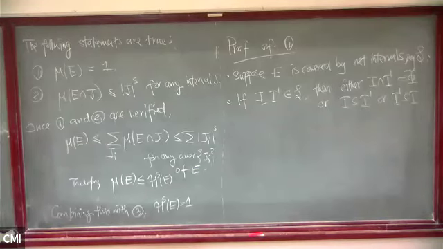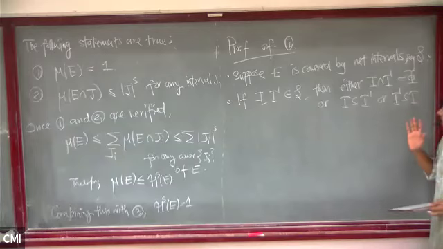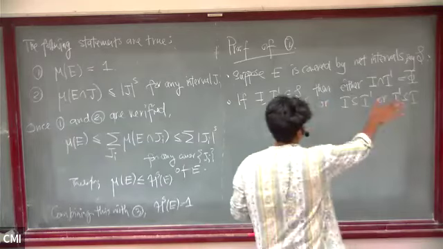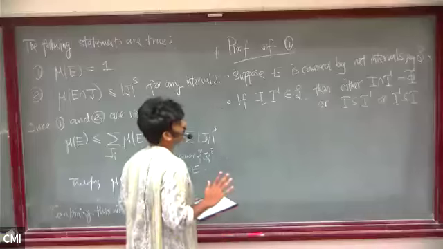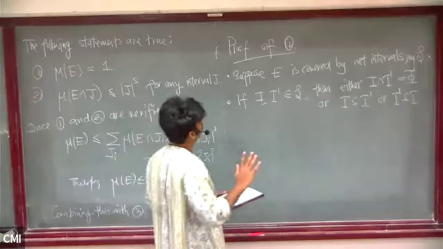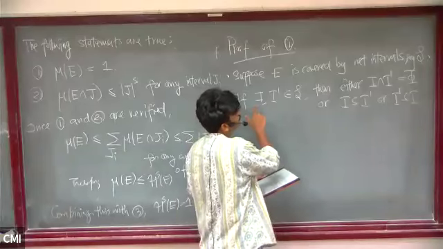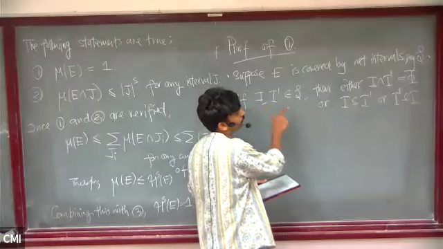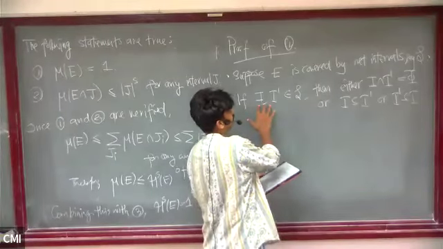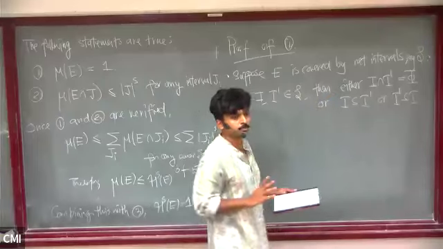Now, if I is a subset of I prime, then I'm going to just remove I from the collection. Even then, I'll be left with a cover of E. And by removing these smaller intervals in this fashion, I can always assume that whenever I take two intervals I and I prime in the collection, if they are distinct, then I intersection I prime must be empty.